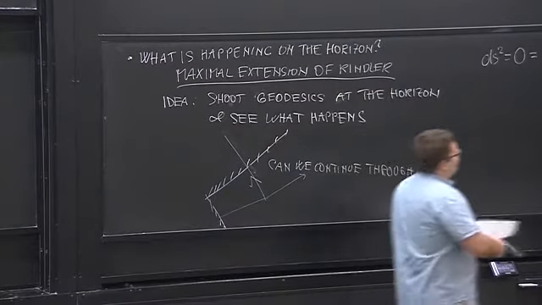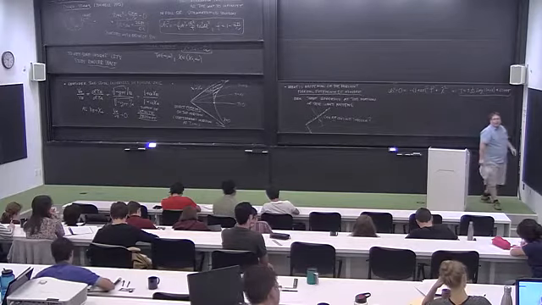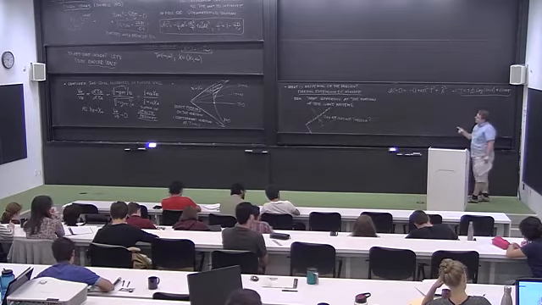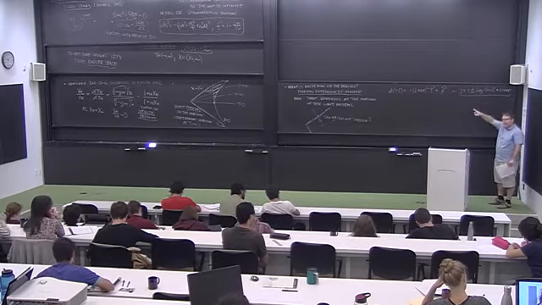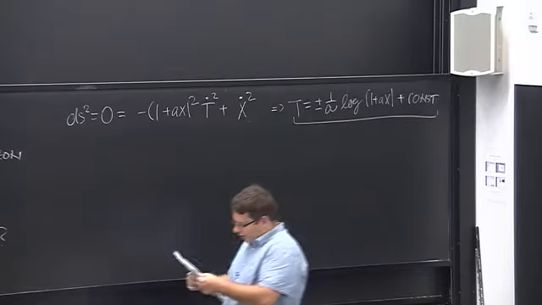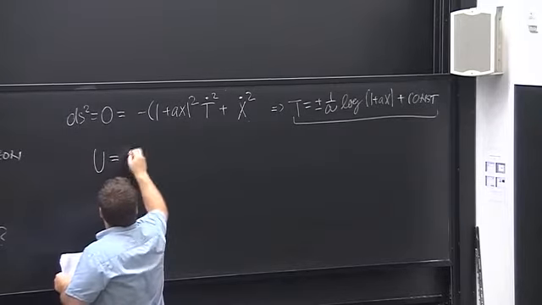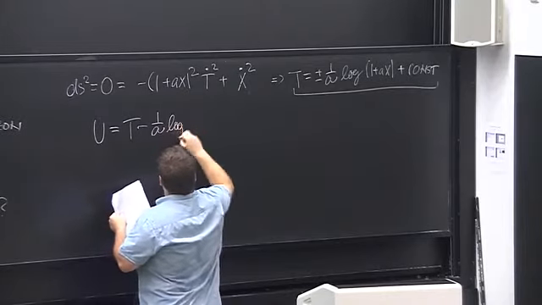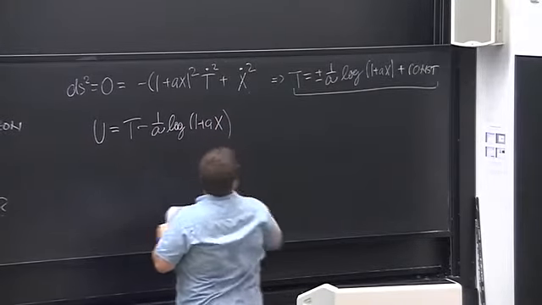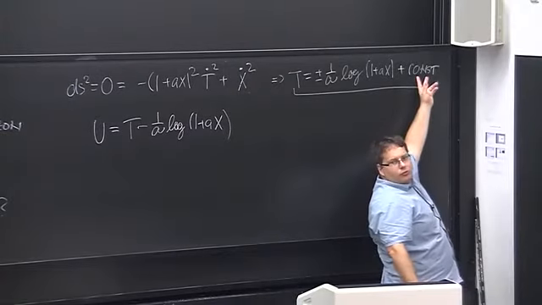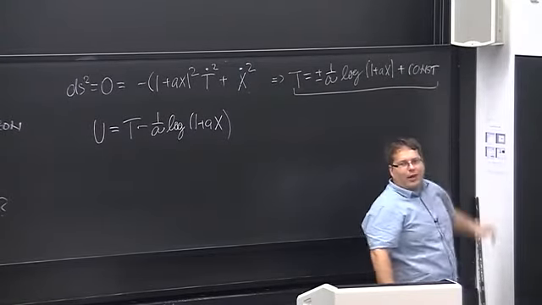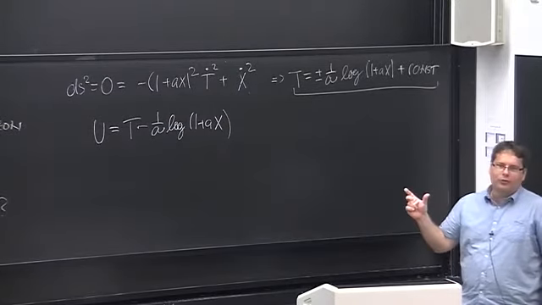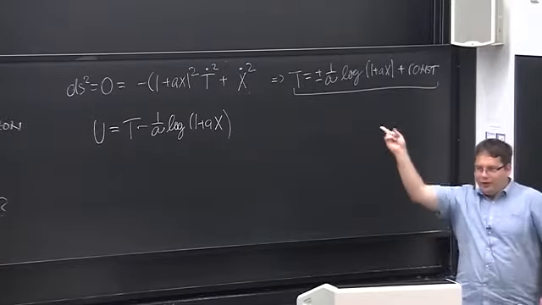All right, so now this is the constant, which suggests that you introduce new coordinates. Going from capital T and capital X, you want to introduce coordinates which go along the geodesic. So let's introduce a coordinate u, which is t minus 1 over a logarithm of 1 plus ax. What I'm really doing is calling this constant u or v, depending on whether I have plus or minus. And so the geodesic will have either u equal to constant or v equal to constant, if I'm considering this one or that one.